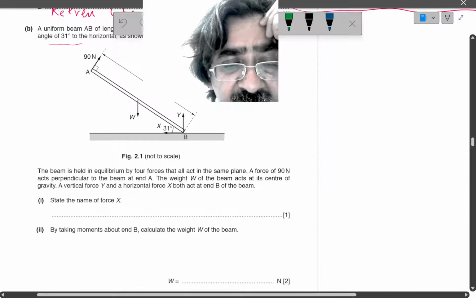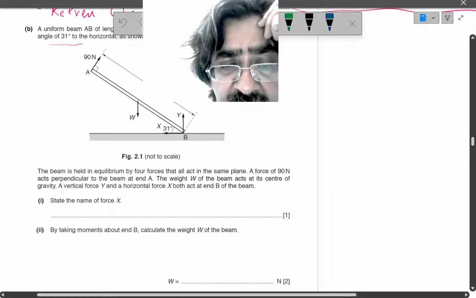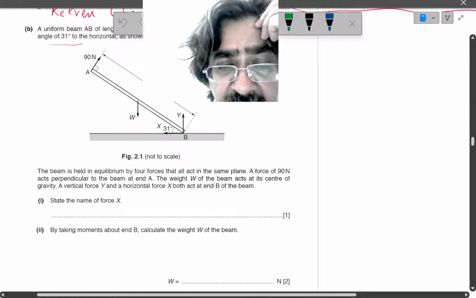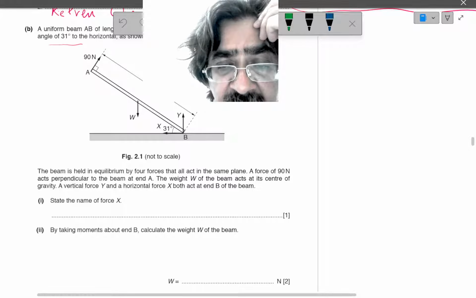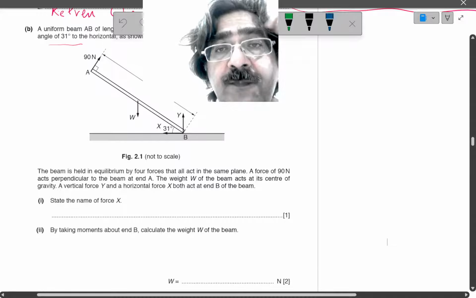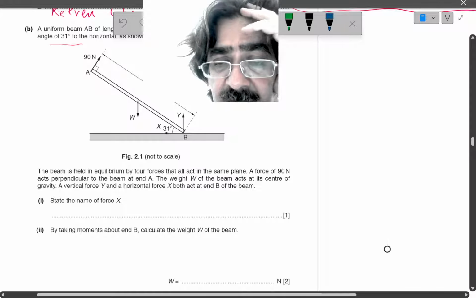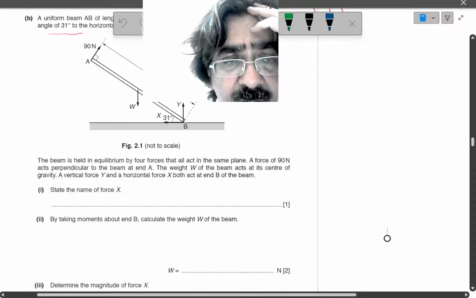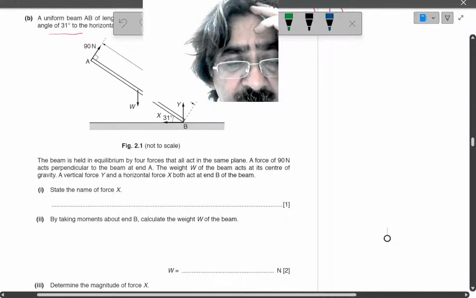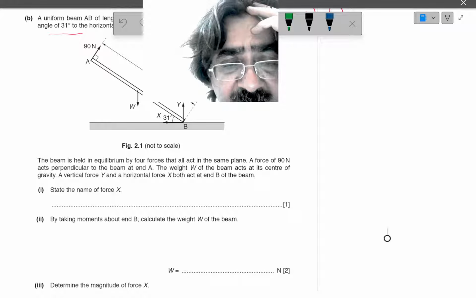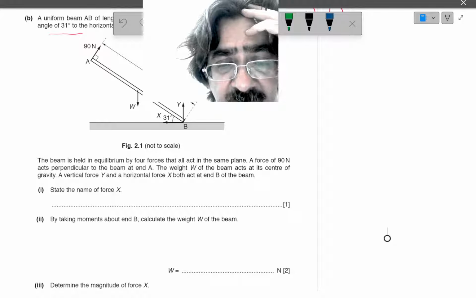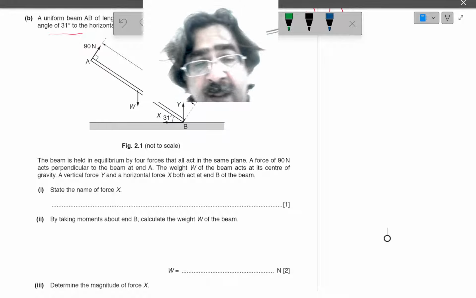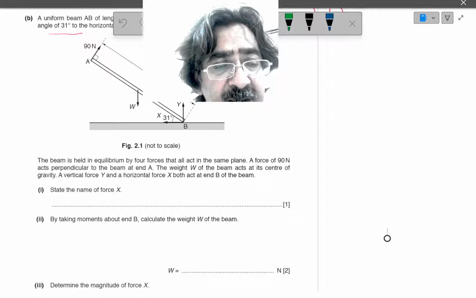The beam is held in equilibrium by four forces that all act in the same plane. A force of 90 newtons acts perpendicular to the beam at end A. The weight W of the beam acts at its center of gravity.